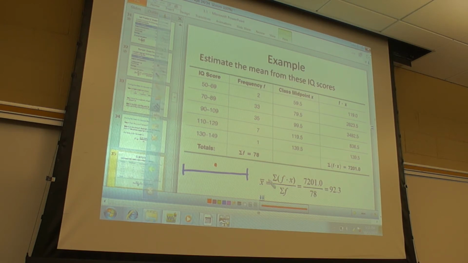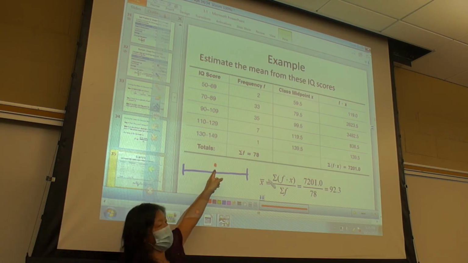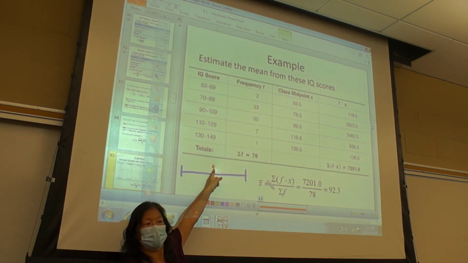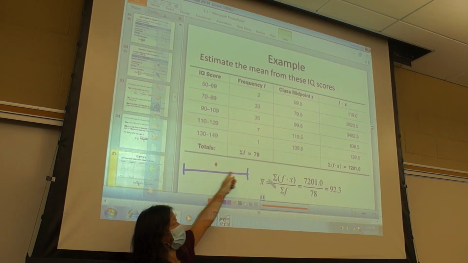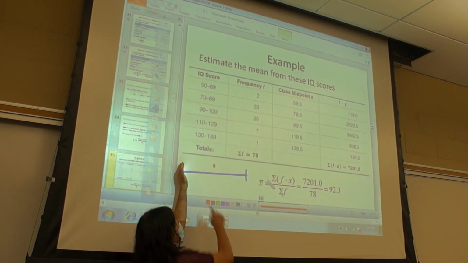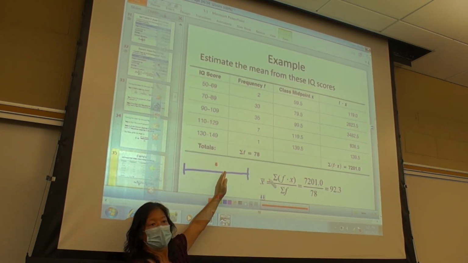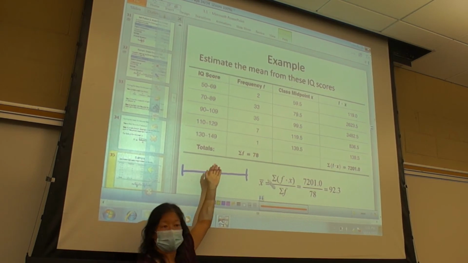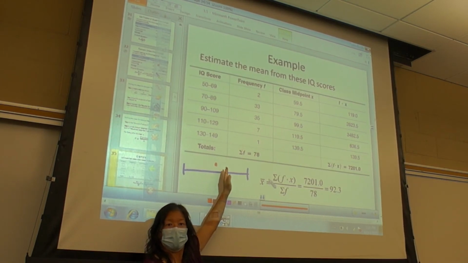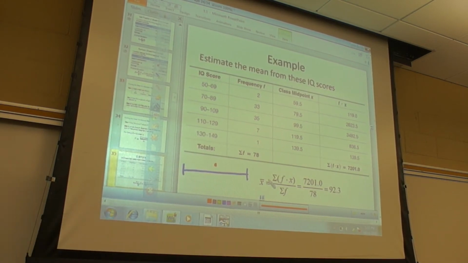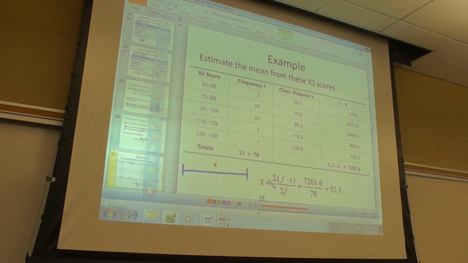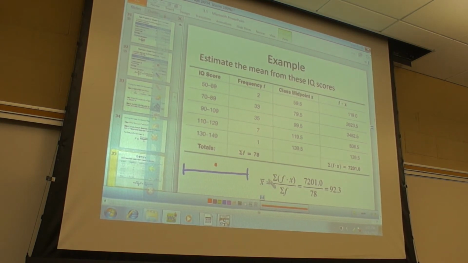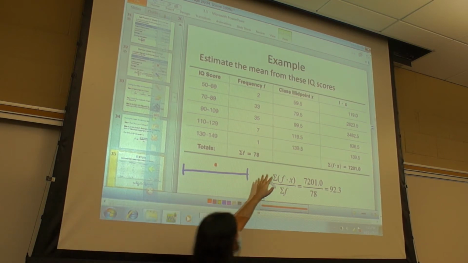This is the most representative number for that class. It could be here, it could be there, but it's not like you're picking over here and it could be way over there. It's kind of the average for that class. Does that make sense? So we're going to use the midpoints. So here are the midpoints for each of the classes: 59.5, 79.5, 99.5, 119.5, and 139.5.